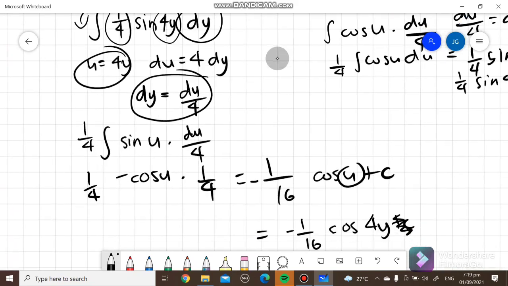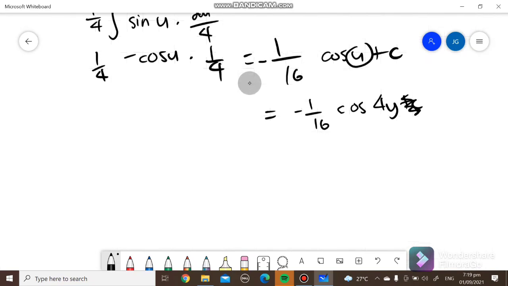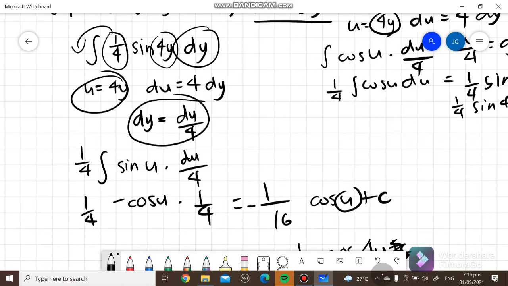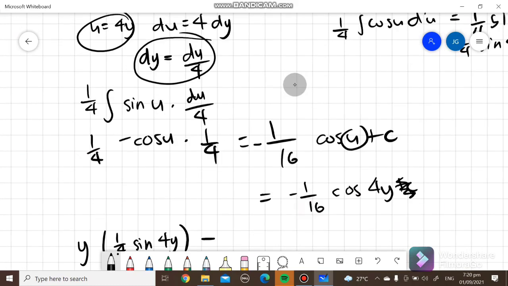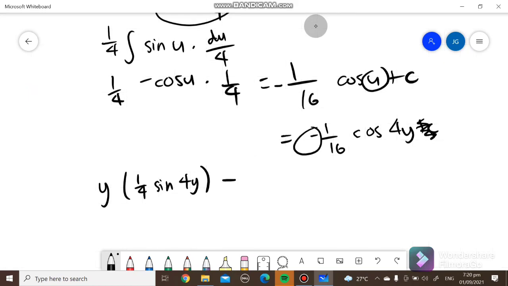So our final answer is y times 1/4 sine 4y plus, because earlier there was already a minus here, and there is another minus here. When you multiply them, it becomes positive, since negative multiplied by negative is positive. So we will have plus 1/16 cosine 4y plus c.